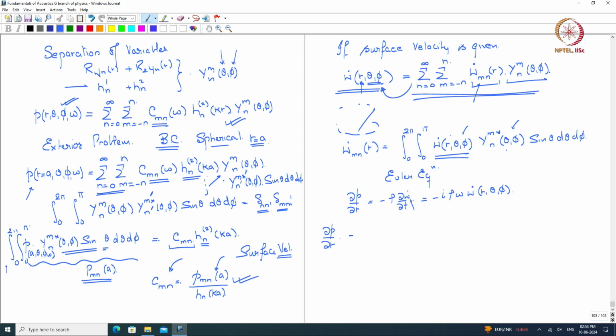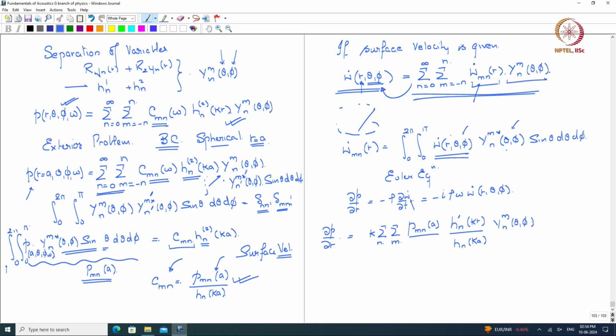It looks like a k in front with a sum over n with a sum over m, Pmn of a by Hankel function dash kr by Hankel function n of ka, Ymn theta comma phi.